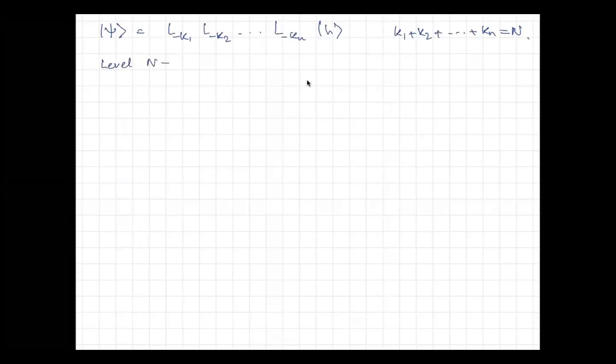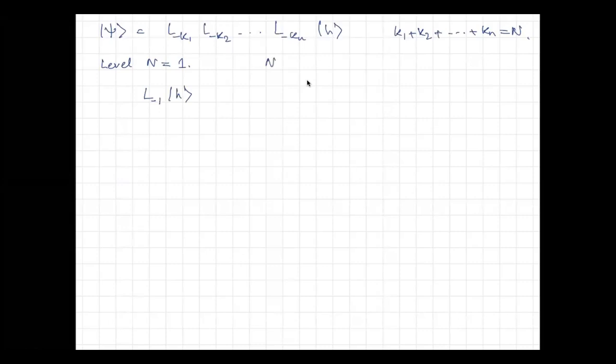As I said, if you have the psi which is L minus K1, L minus K2 dot dot dot L minus Kn acting on H, and K1 plus K2 plus dot dot dot plus Kn is something that we call N. So let's look at level N equal to 1. N equal to 1 means you just have L minus 1. So K1 has to be equal to 1. So this is one of these guys.